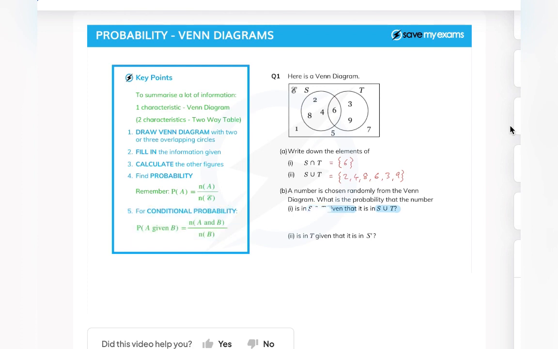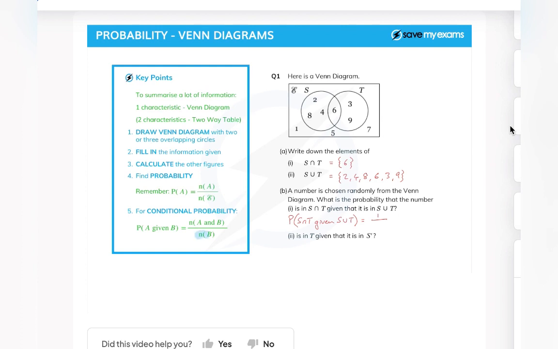So let's do that. Following that rule, the probability of something being in S intersection T, given that it is in S union T, is, well, how many elements are in both of those things? Let's actually look at the list of elements rather than the Venn diagram. We can see that it's just the 6 that's in both, and so the number of elements on the top is 1.